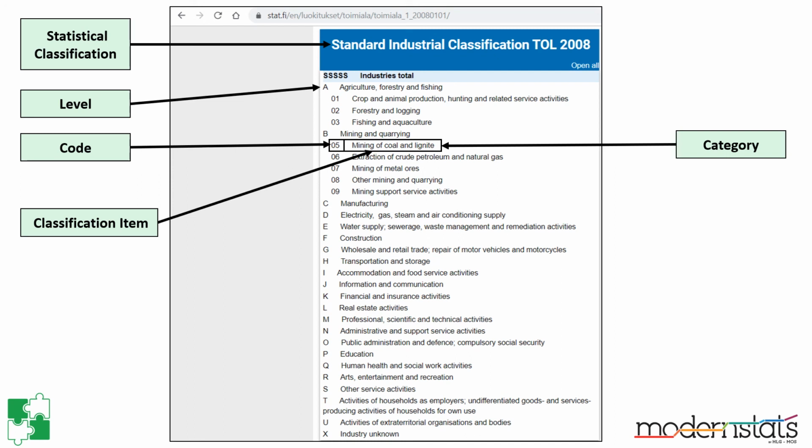Then in the second level, we have this classification item, which combines the code 05 and the category mining of coal and lignite, and together they are the classification item. So this is the simple way to represent these GSIM information objects in the real world and in the classification web page in this example.